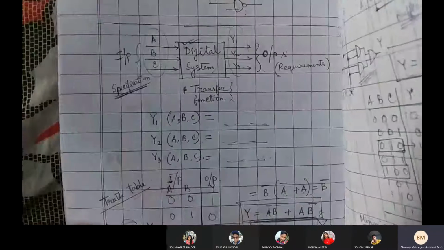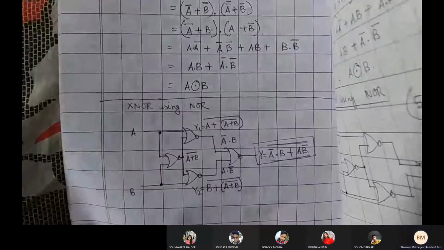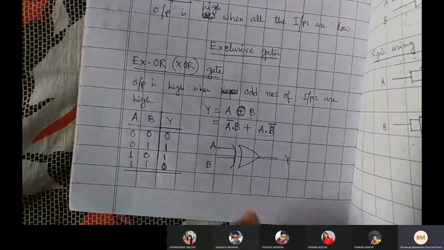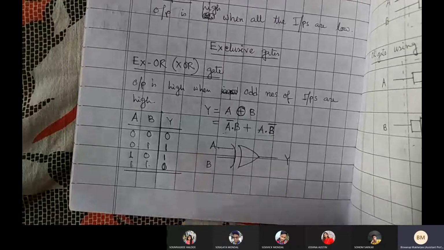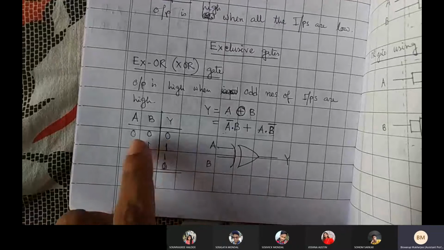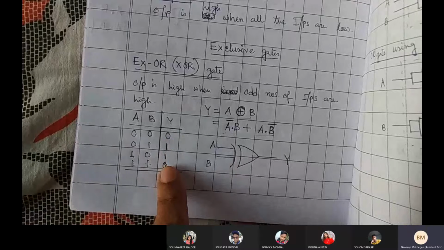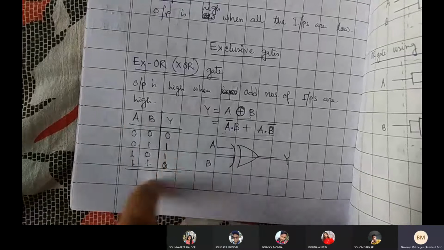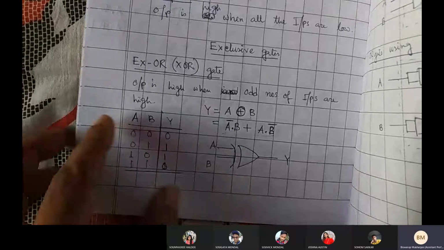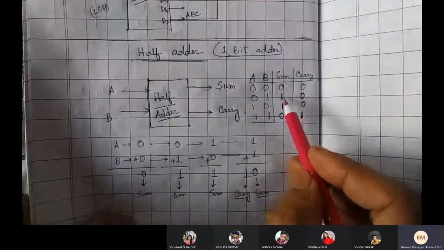We have discussed that one earlier. One XOR gate. Yes, this one. We have discussed this earlier, where outputs are 0, 1, 1, 0. This was the simple Boolean function or truth table for an XOR gate. Here also 0, 1, 1, 0.